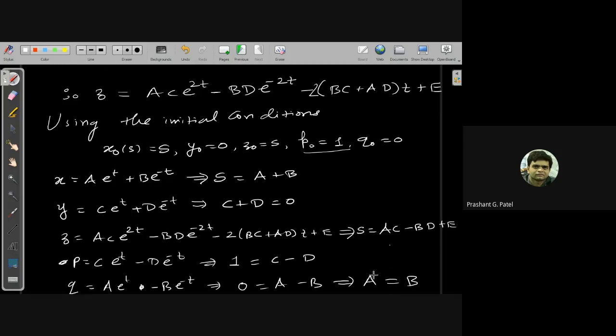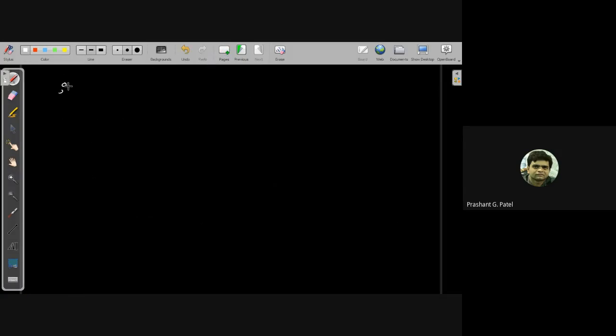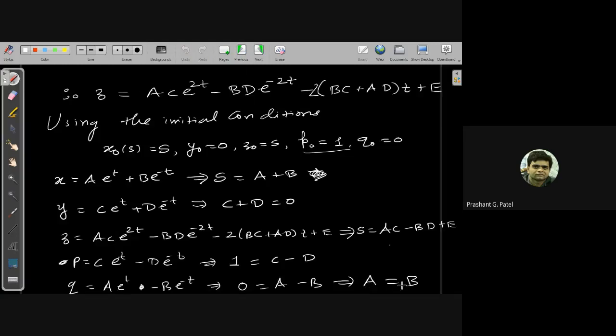Since a equals b, if I use that in the earlier equation, it gives me 2a equal to s. So that implies a equal to s/2, and b is also s/2. The value of a is s/2 and the value of b is s/2.